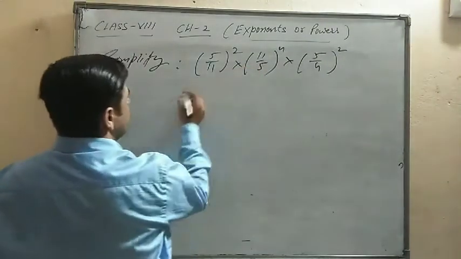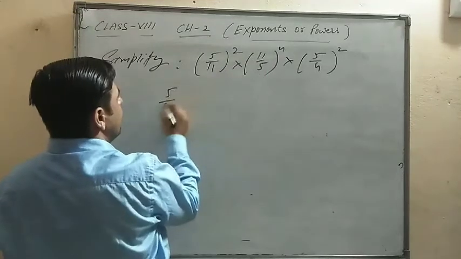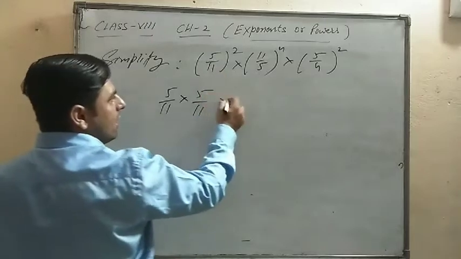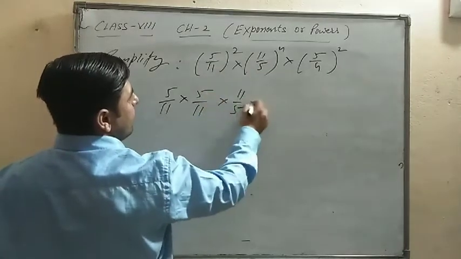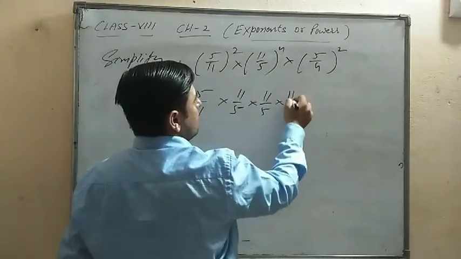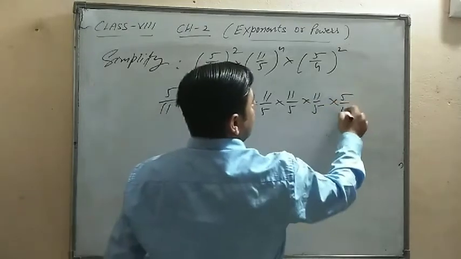So now you know very well, 5 upon 11 is written up to 2 times, 11 upon 5 is written up to 4 times, 5 by 4 up to 2 times.